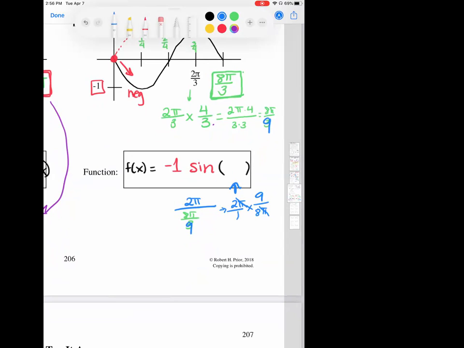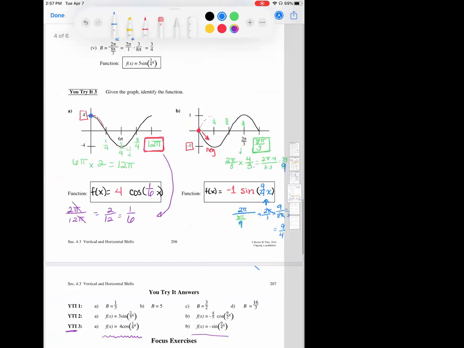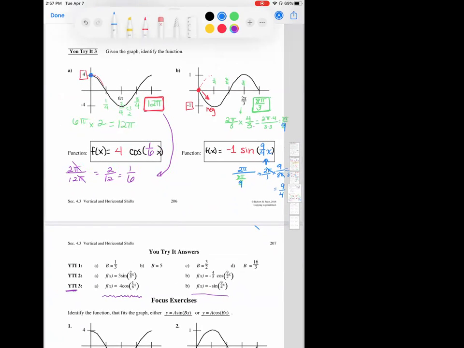My pi is divided out, so we're left with 2 times 9 is 18 over 8, that can simplify to just 9/4. So we have 9/4 x. Is that what we have? Yep, we have negative sine of 9/4 x.